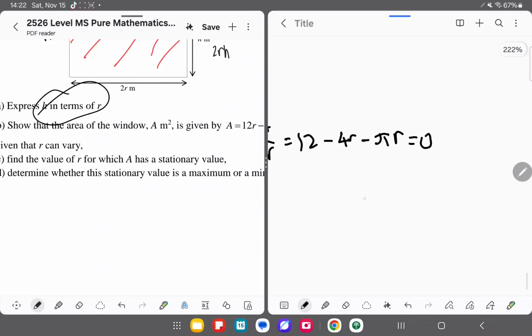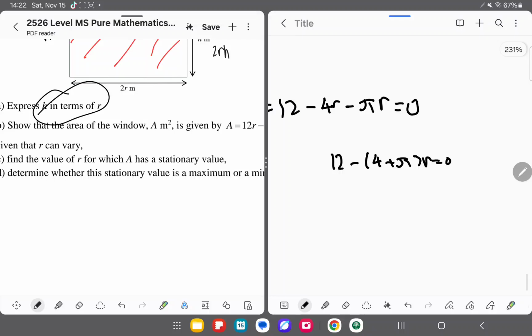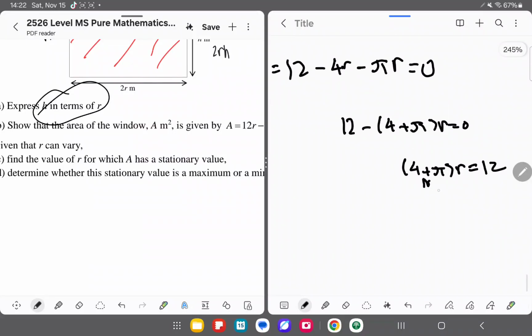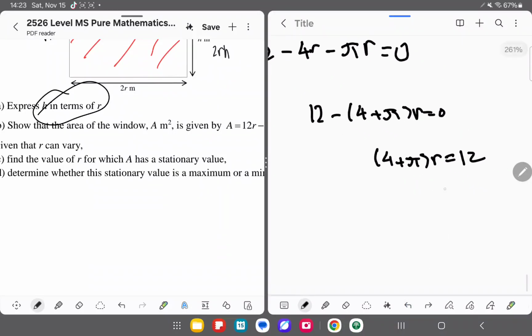We'll just find r. Let me simplify here. Then we get 4 plus pi multiplied by r is equal to 12. r is equal to 12 over 4 plus pi.